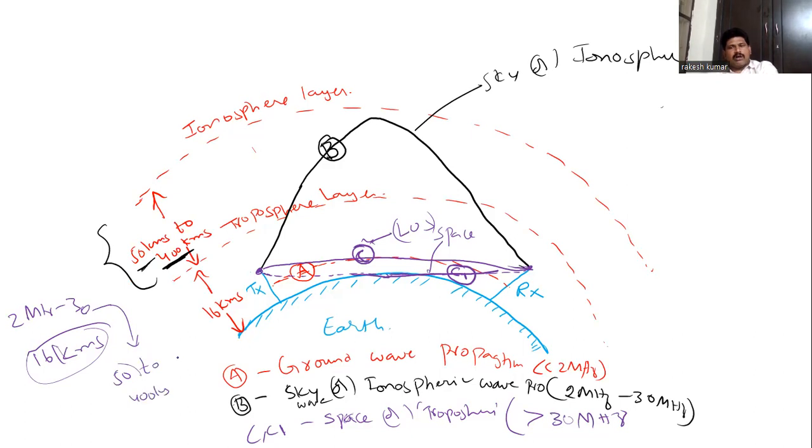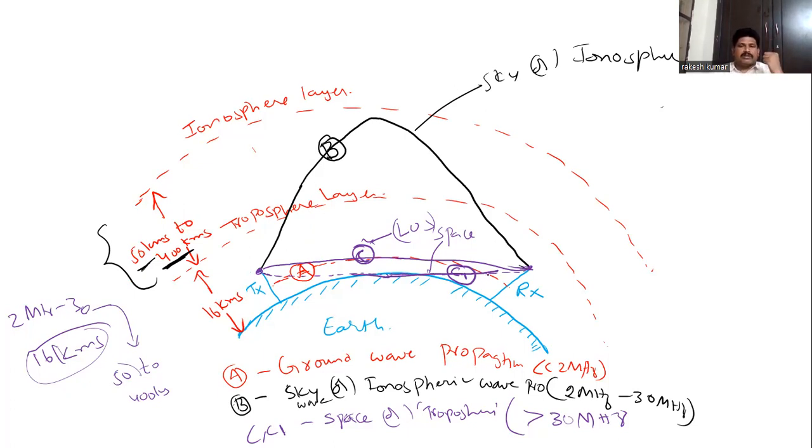So this is how different signals move from transmitting antenna to receiving antenna using three modes. What are the three modes? The first one is ground wave, also called surface wave, which follows the curvature of the surface. So A indicates the ground wave or surface wave propagation, which follows the curvature of the earth surface.